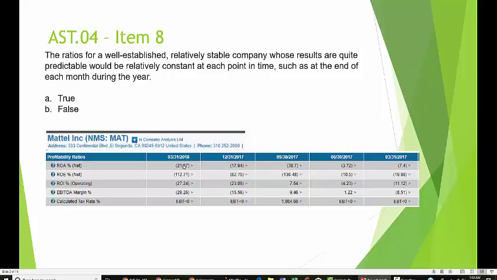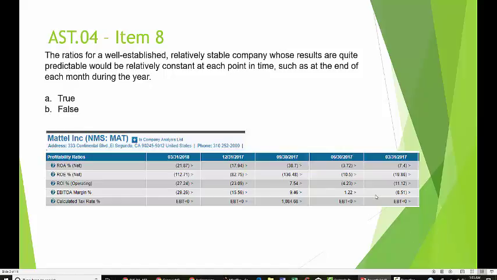As you can see, if we take each ratio at the end of each quarter, that's at the end of every 3 months, you can see that they are very diverse. And even if we compare the March 2018 values to the March 2017 values, these ratios each show a wide discrepancy.